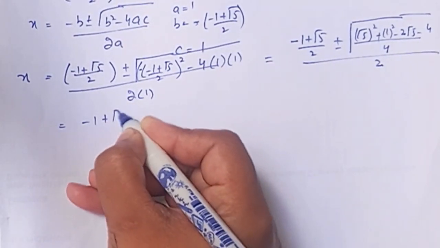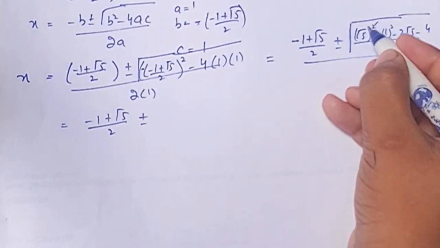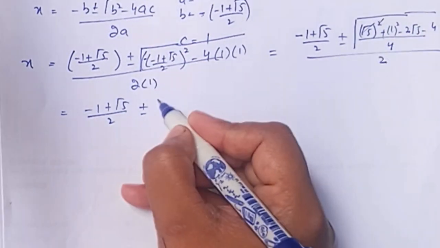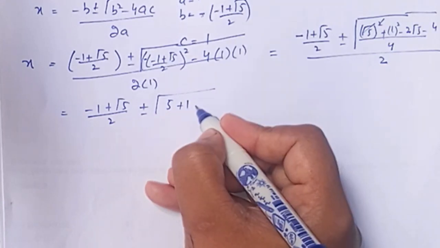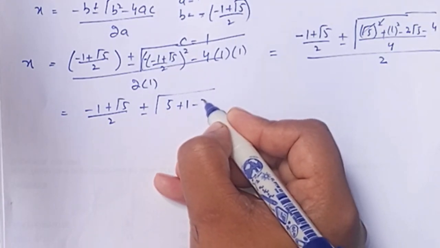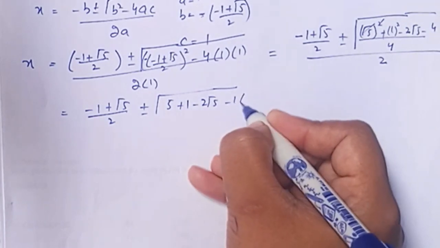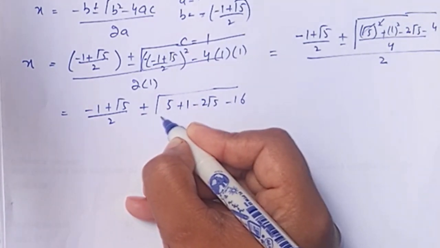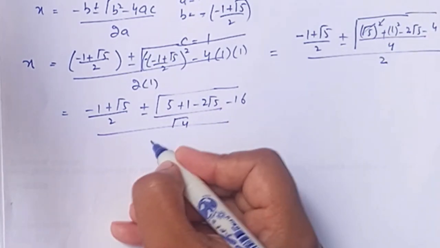Minus 1 plus square root 5 over 2 plus minus, this square and square root will cancel, we just get 5 plus 1 minus 2 times square root 5, take LCM, so it's minus 16 over square root 4 and divide this by 2.